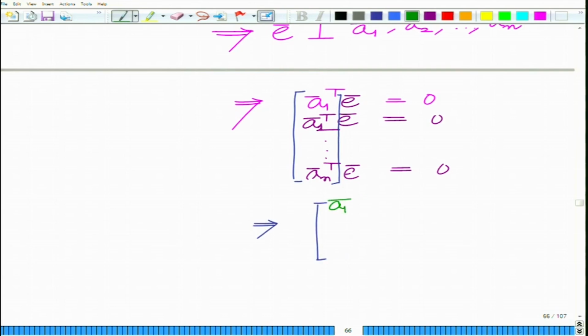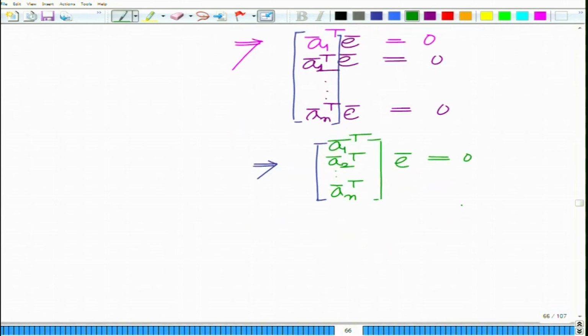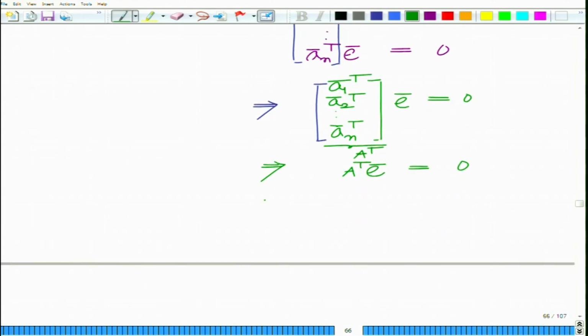So, this implies a1 bar transpose, a2 bar transpose, and so on up to an bar transpose, times E bar equal to 0. And now you can see this is nothing but the matrix A transpose. So, this implies A transpose E bar equal to 0, but E bar is y bar minus Ax bar.